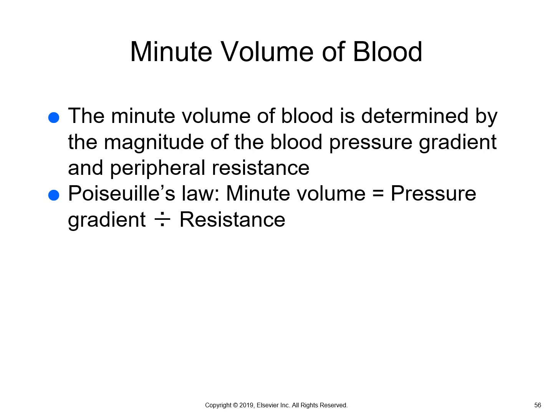We have something here called, it's a French word, Poiseuille flow, and also blood flow. So we're introducing Poiseuille's law here, which states that minute volume is equal to pressure gradient plus resistance. I'm sorry, minute volume is equal to pressure gradient divided by resistance.